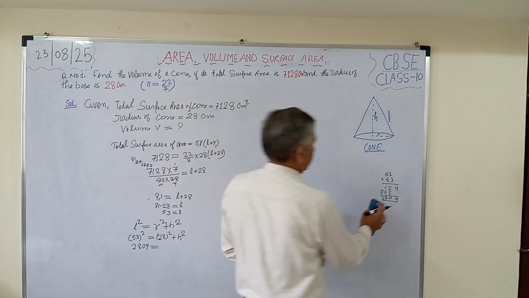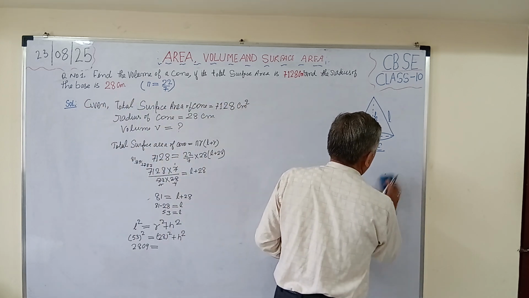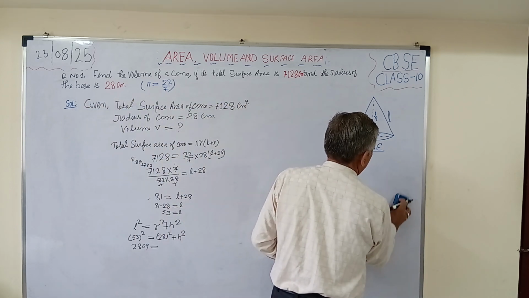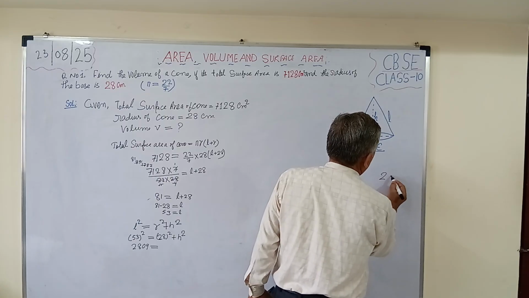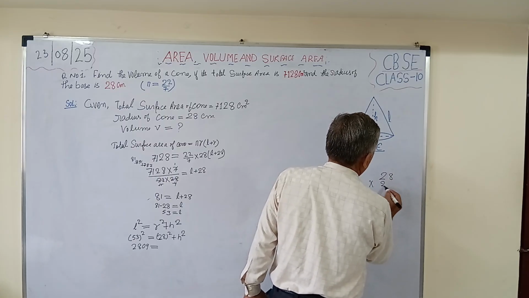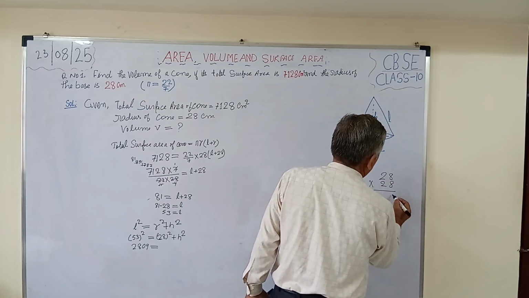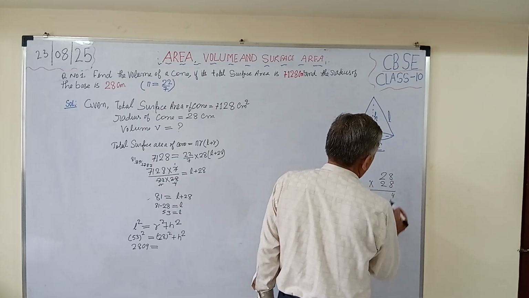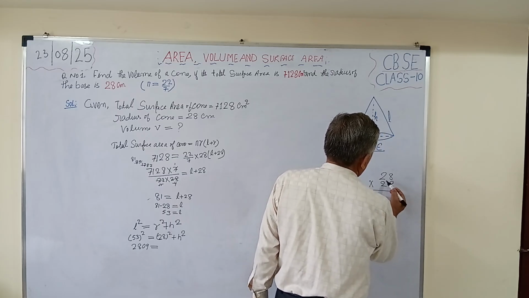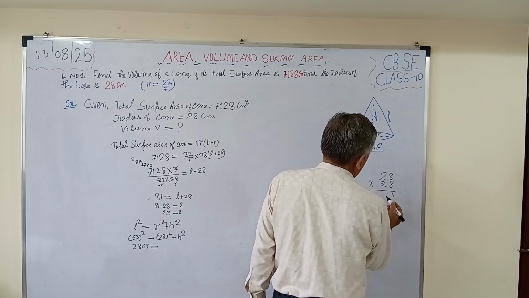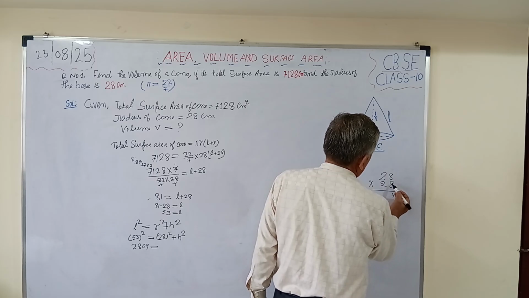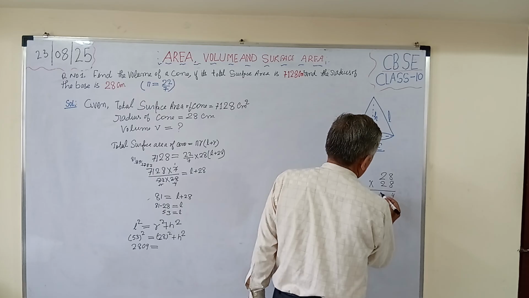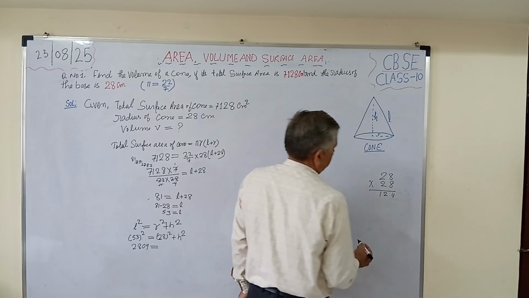Now the square of 28 will be 28 into 28. So 8 times 8 is 64, 8 times 2 is 16, plus 6, and so on.